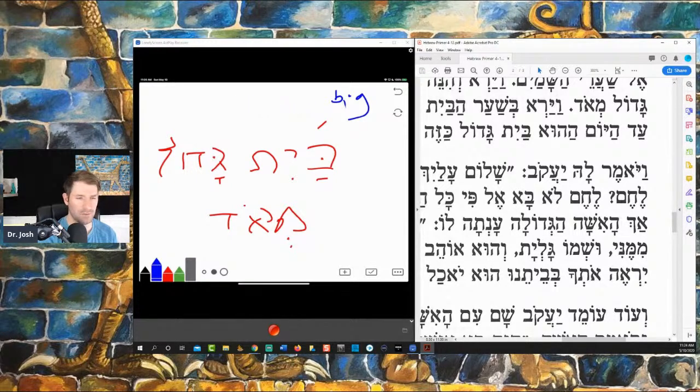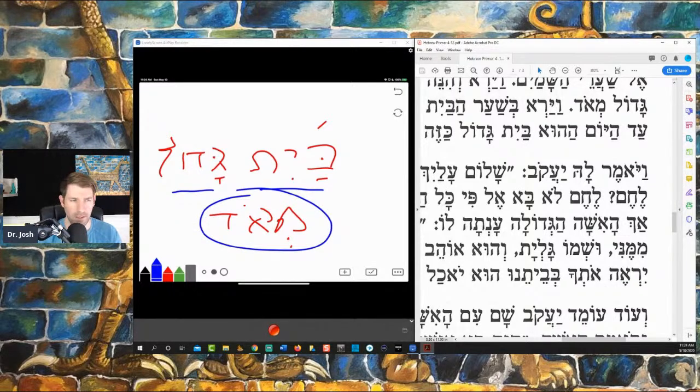Remember how I said the context will tell you, very frequently, if it is a predicate adjective or an attributive adjective. And here, we're looking at an attributive adjective. It works because they match in gender and in number and in definiteness. So a big house. What kind of a big house? A very big house. Me'od is very.